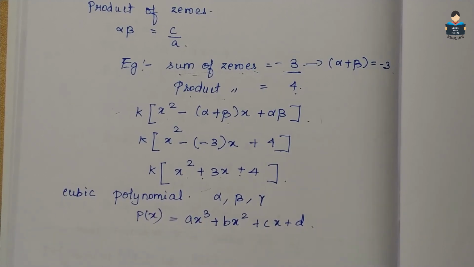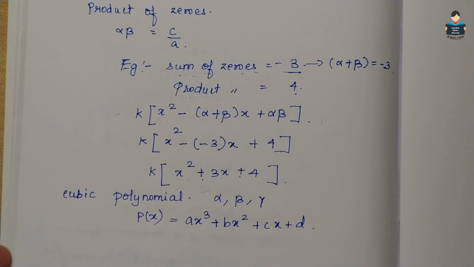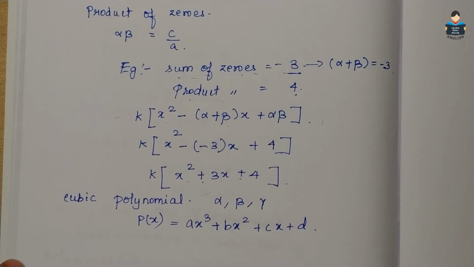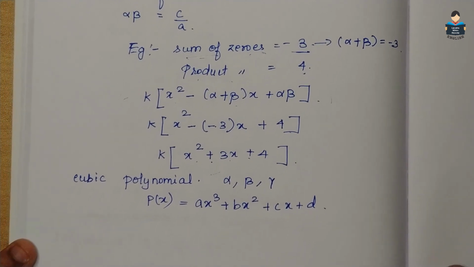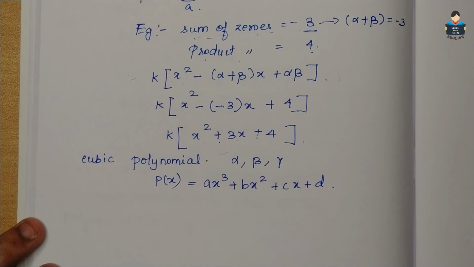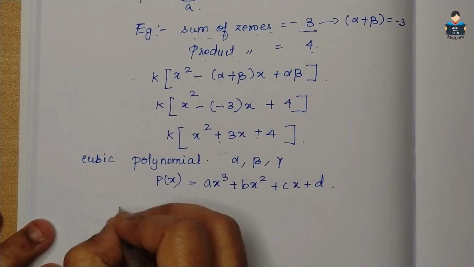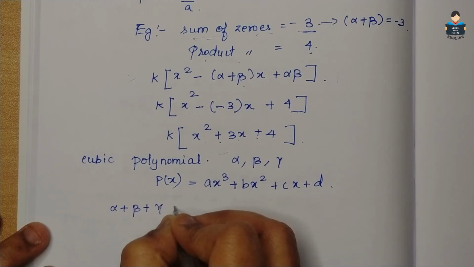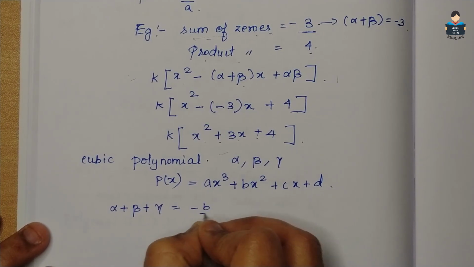When they ask us to verify the relationship between the zeros and the coefficients of a cubic polynomial, we have to use these 3 conditions. Alpha plus beta plus gamma is equal to minus b by a.